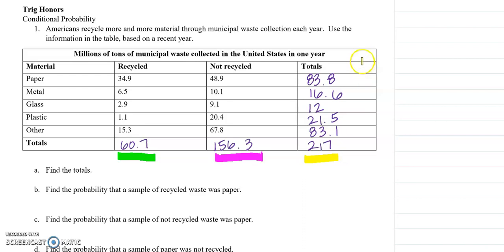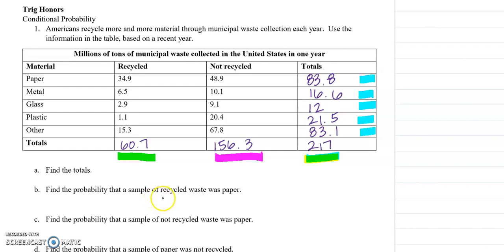You can also look at it in the horizontal direction, so the amount of paper recycled is 83.8 millions of tons, etc. And all of those get added up also to be the 217 millions of tons.